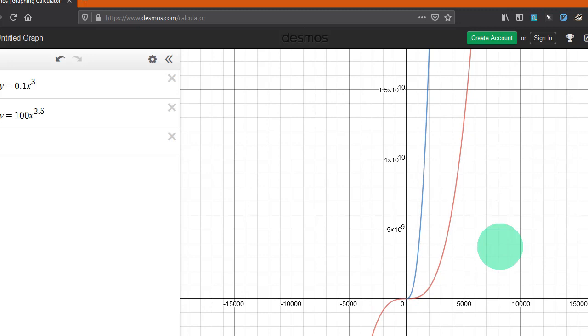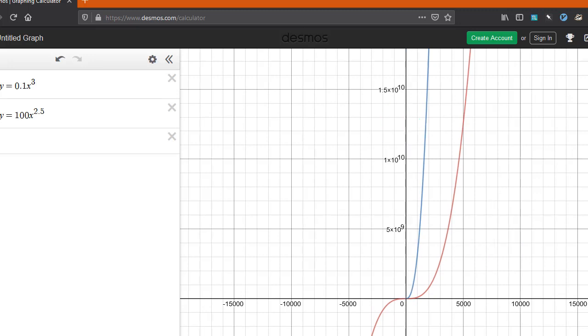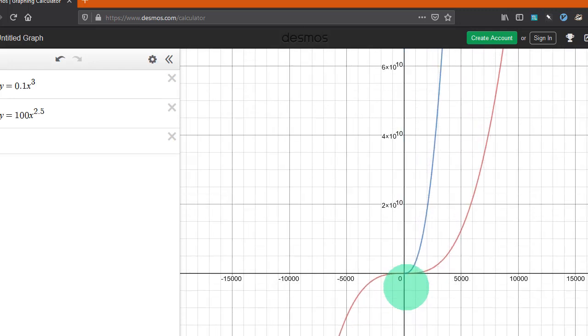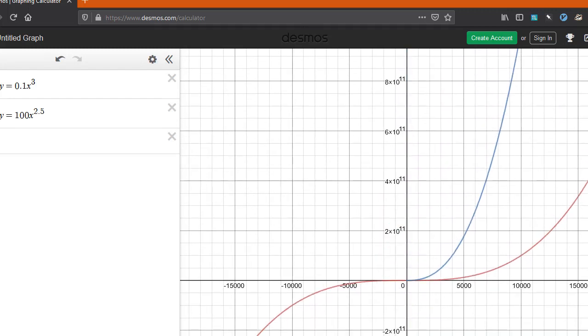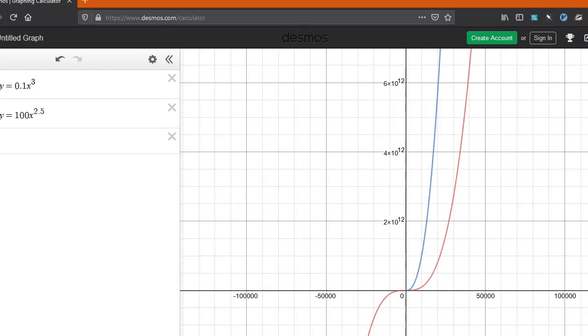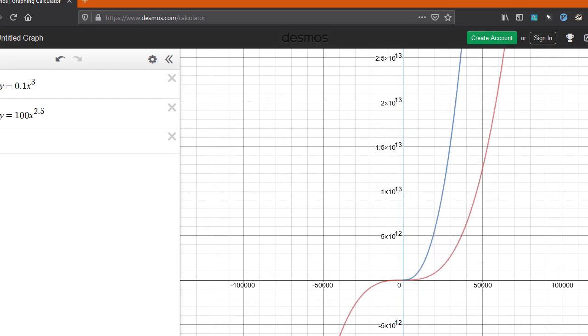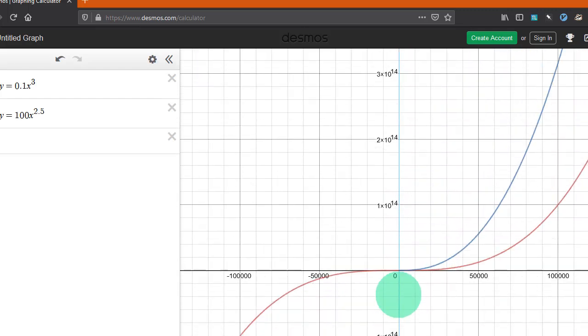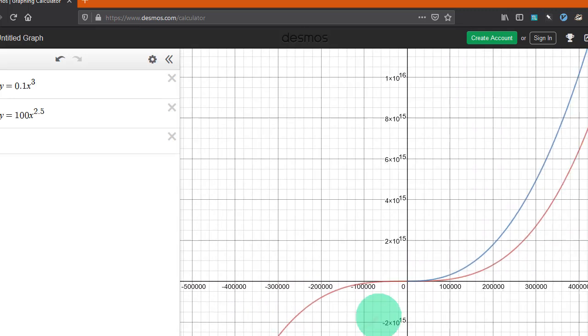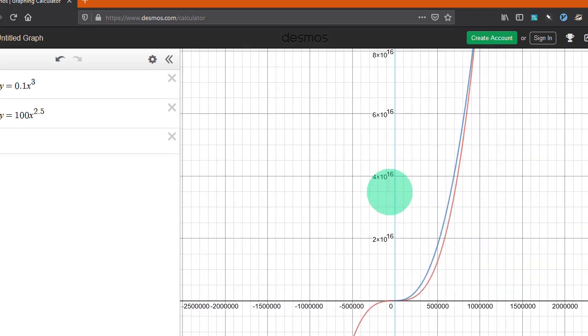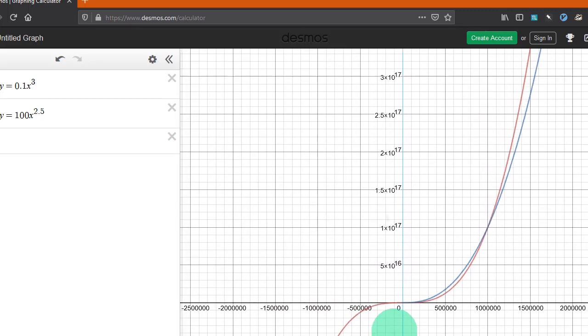Oh, it looks like on this scale, the red one is catching up a little bit. My computer's a little stuck. All right, here we go. We'll keep zooming out until we're plugging in numbers like 100,000. Not quite big enough yet.